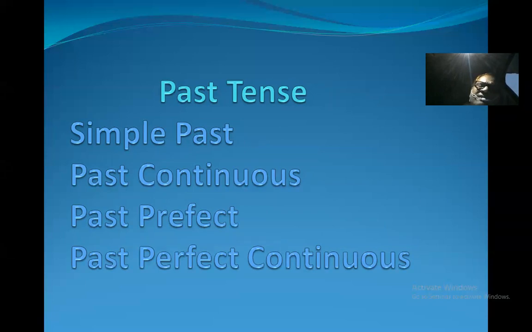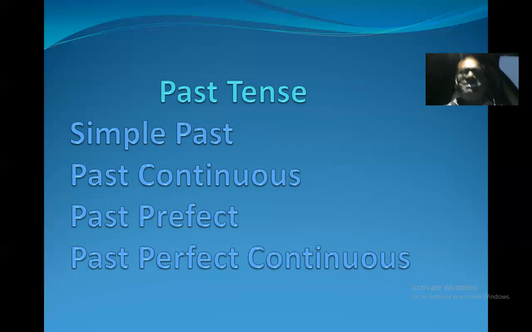Simple past tense is the tense which we use to denote a past habitual action and an action which was completed somewhere in the past. For such actions, we use simple past tense.